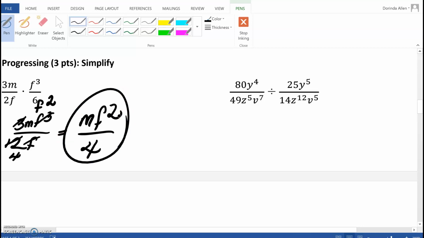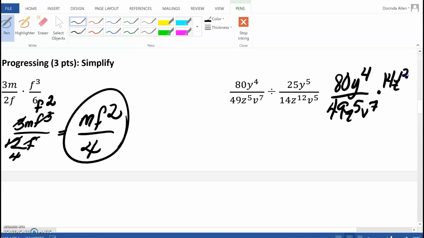So remember, division is multiplying by the reciprocal. So I have 80 y to the fourth, 49 z fifth, v seventh, times 14 z 12, v 5, over 25 y to the fifth.